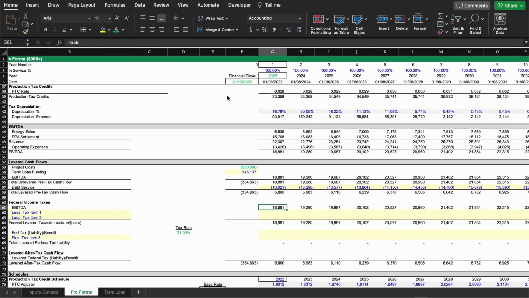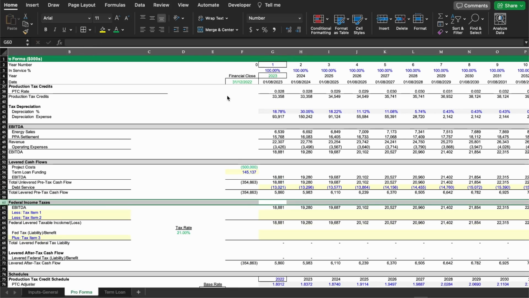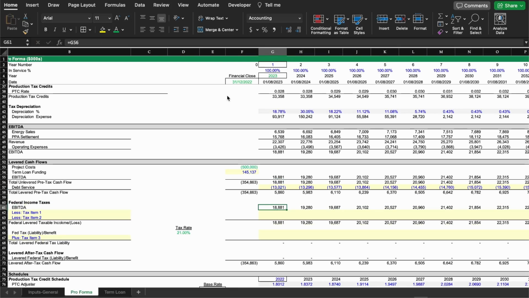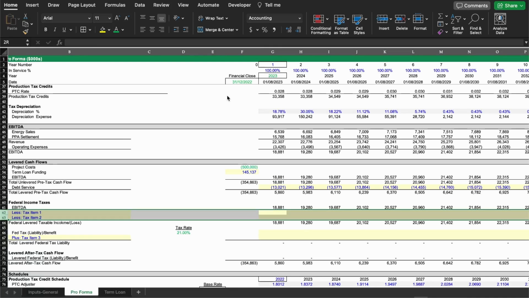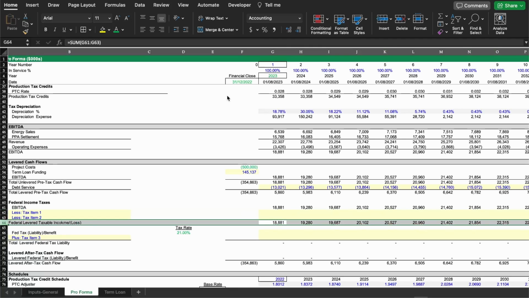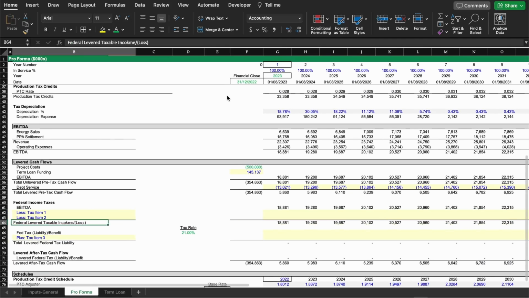Okay, so then what are we going to have here? Federal income tax. Let's give a think on this and see how to do it. So we have two tax items in here. What are we going to do here? And then what we have after, we have the taxable income loss. Okay, there's a typo here, doesn't matter.